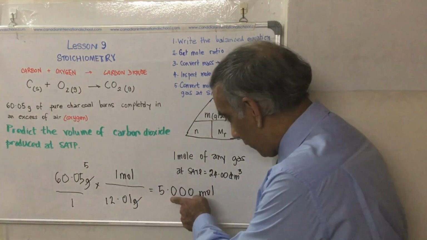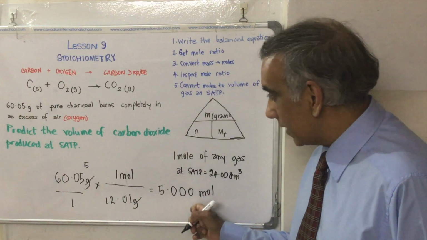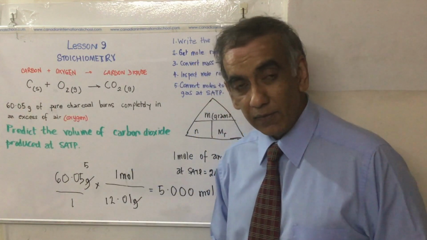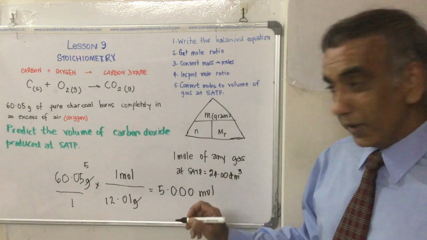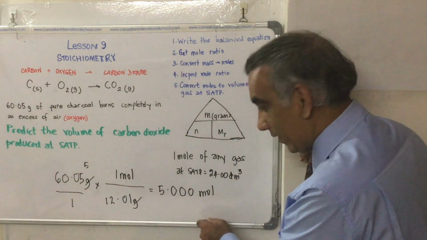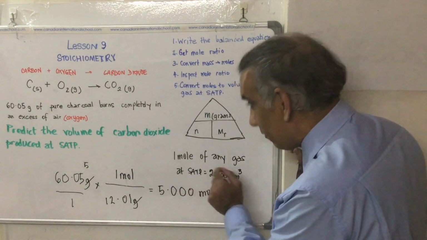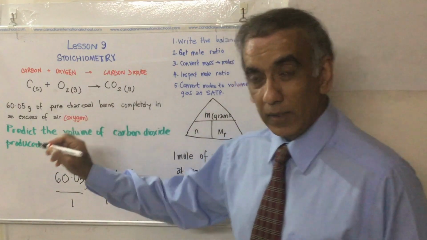Notice I've put 3 zeros here, and that is because I'm keeping this answer to 4 significant figures, because the data provided here was 4 significant figures, and the data for the relative atomic mass of carbon is given as 4 significant figures. So therefore my answer could also go to 4 significant figures. 5 moles of carbon is actually consumed in this reaction.